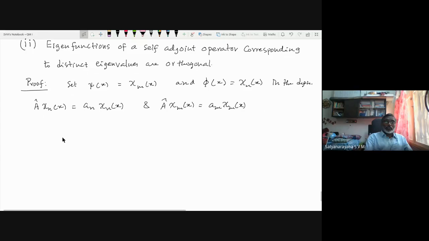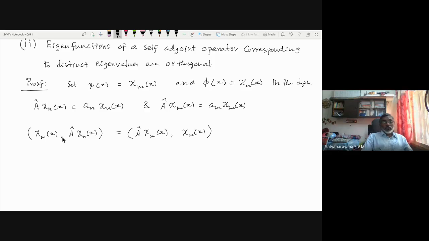Then if we set this one, then we have the inner product of chi m of x with A acting on chi n of x, which is equal to the inner product of A acting on chi m of x with chi n of x.